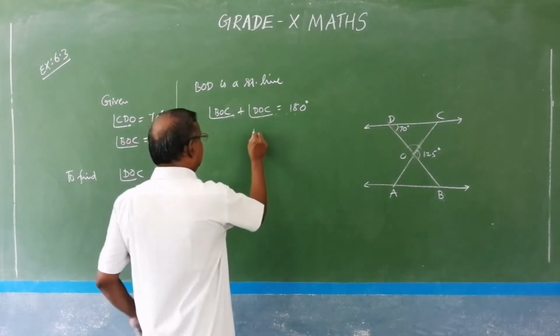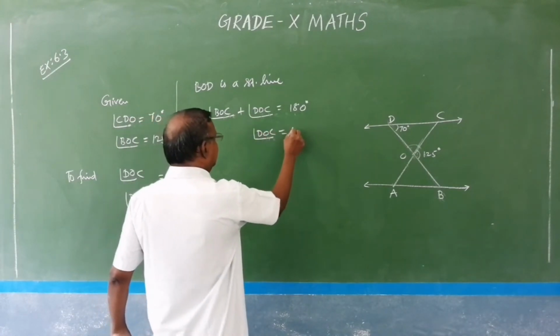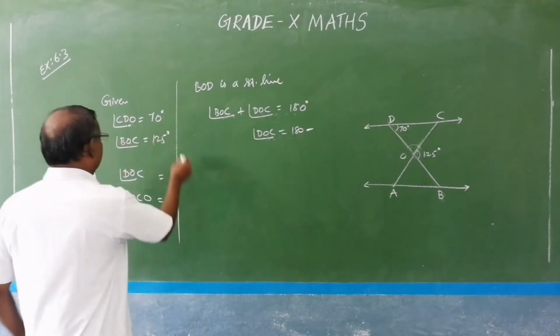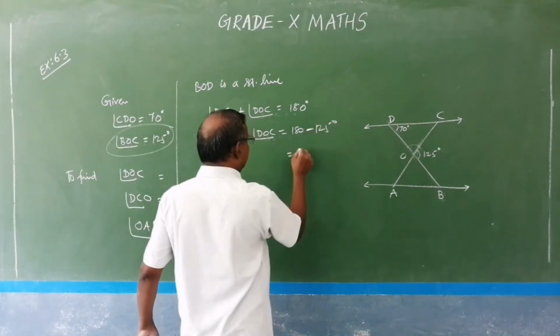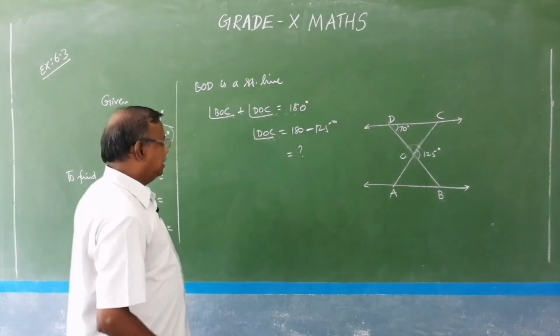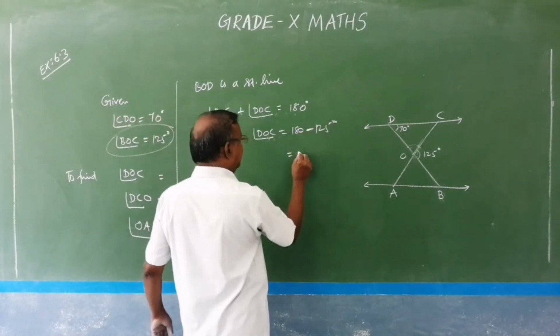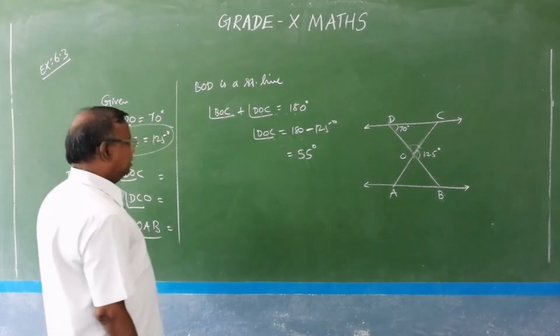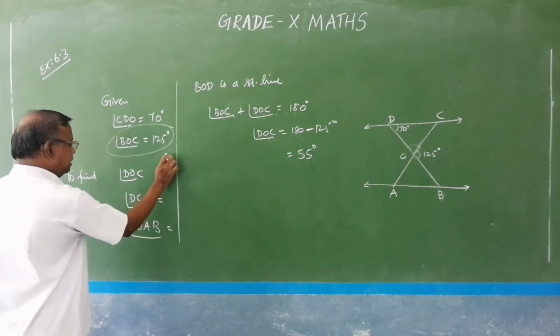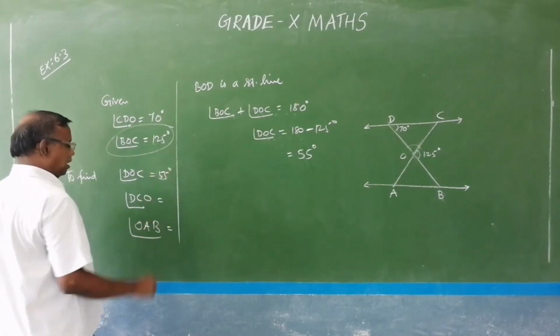So angle DOC equals 180 minus angle BOC. What is angle BOC? 125 degrees. So 180 minus 125 degrees. Write the answer, that is 55 degrees. We may need the value. So angle DOC is 55 degrees.